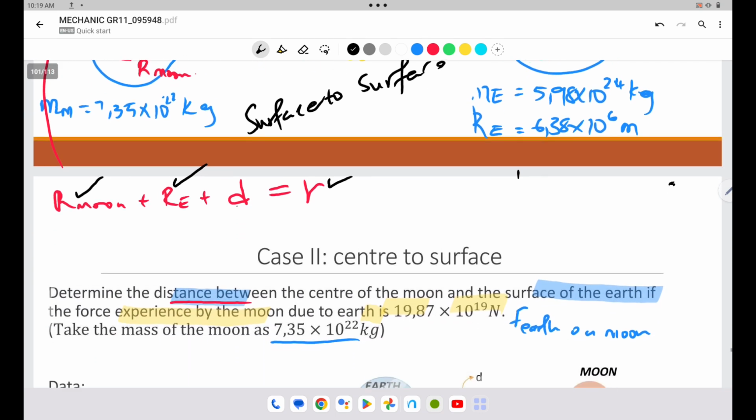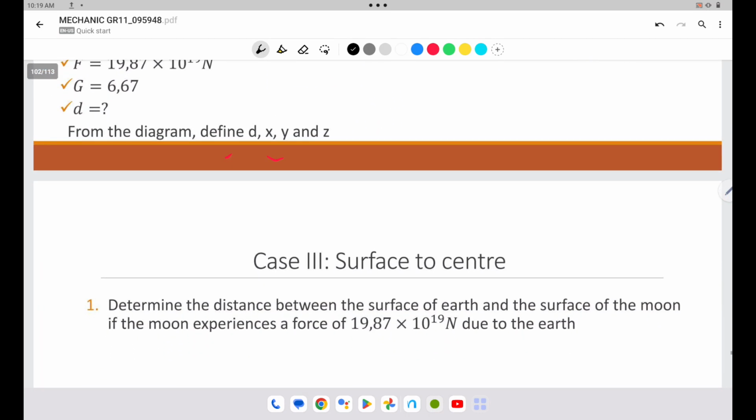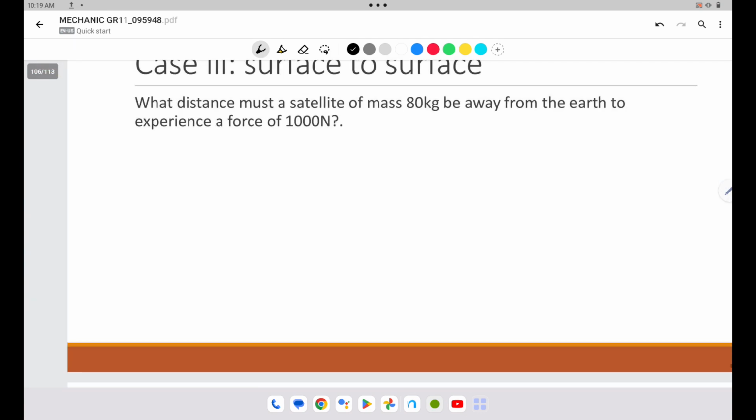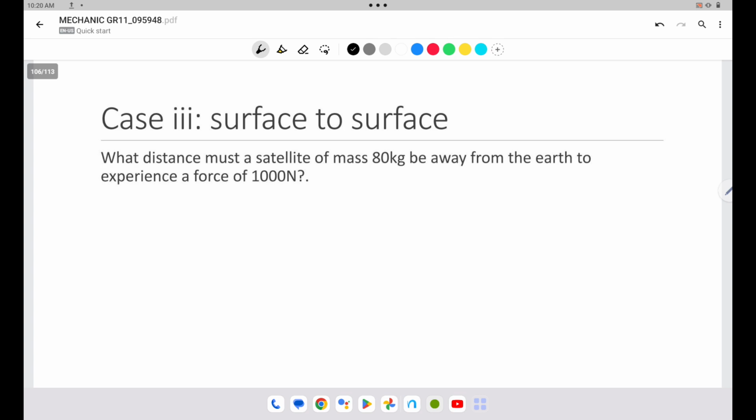Okay, so we are going to look at one more problem. We're going to look at a surface to surface problem. Please feel free to pause and try out this exercise for yourself. We are being told, at what distance must a satellite of 80 kilogram be away from the Earth to experience a force of, I'm going to change that to, let us say, 700 newtons.